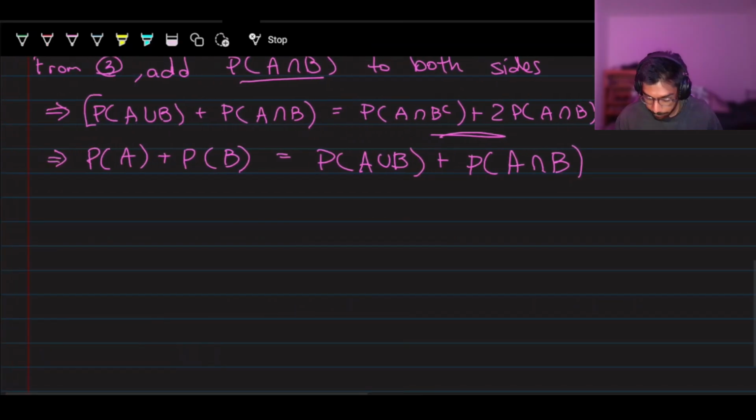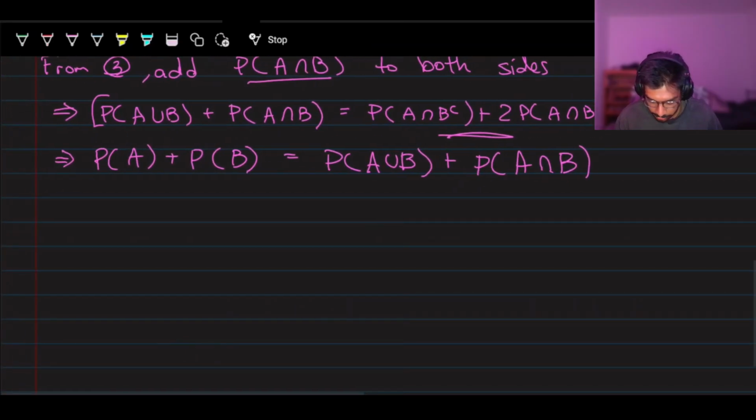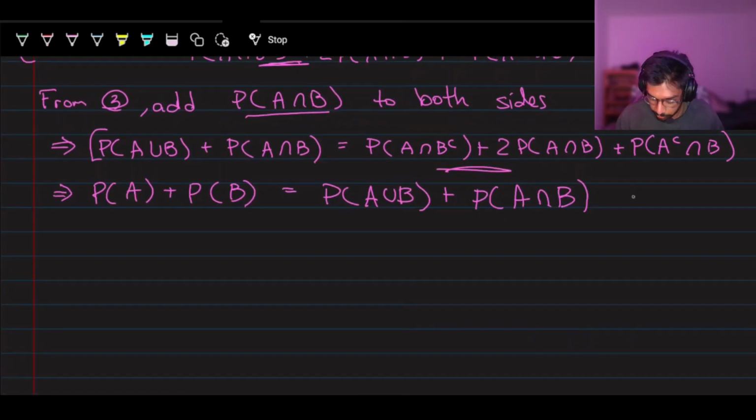And if A and B are disjoint sets, we don't end up counting the middle and we prove the addition theorem.